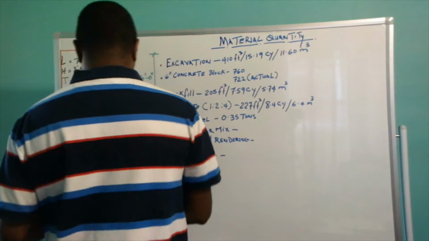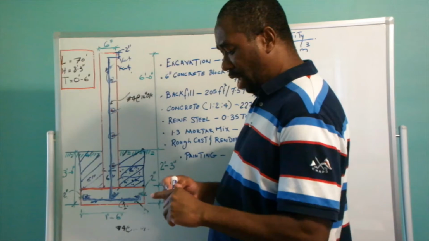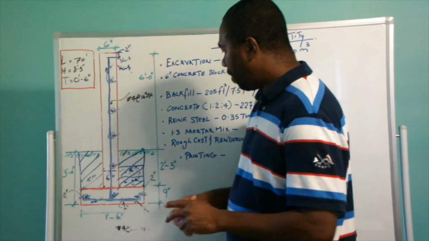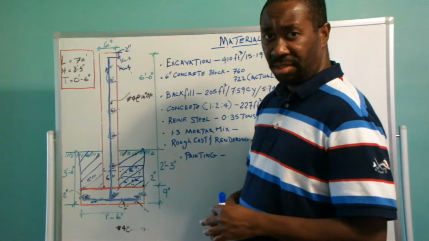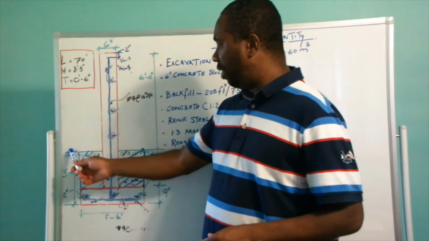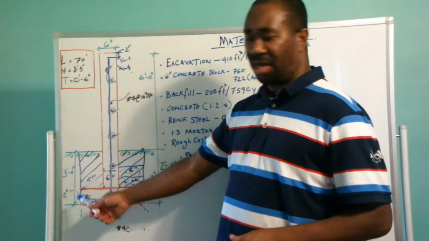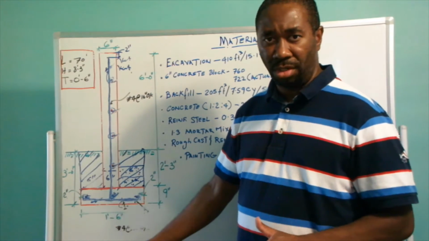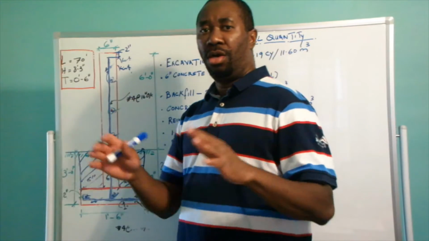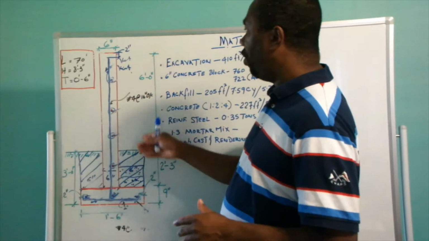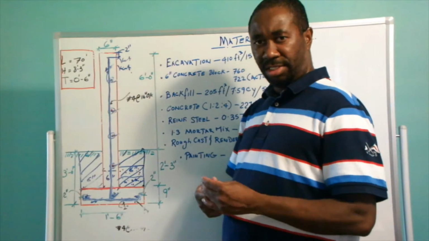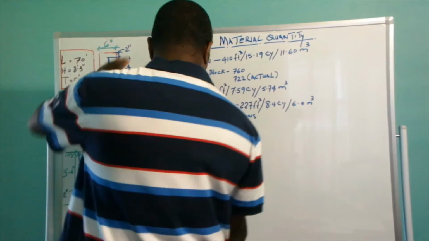So if you notice, the height of the wall above ground is 6 feet. So we are not concerned with the height or the depth of the wall below ground level. So we are only going to be considering the portion of the wall that is above ground level, which is 6 feet.